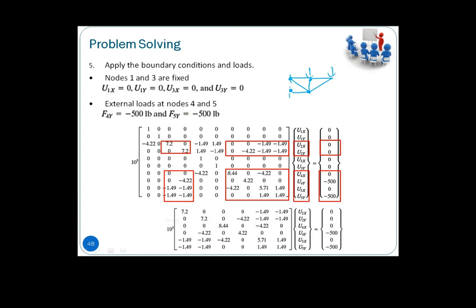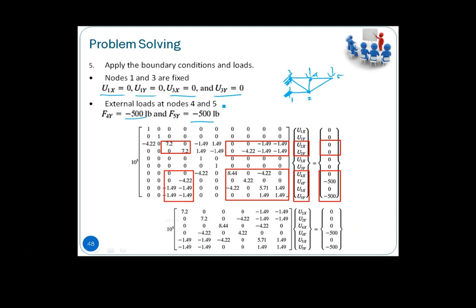This particular point is fixed. This is 1, 2, 3, 4, 5. So 1 and 3 is 0. U1x, U1y is 0 because it's fixed, no displacement in global displacement. Then at 4 and 5, we have negative 500 pounds going down.